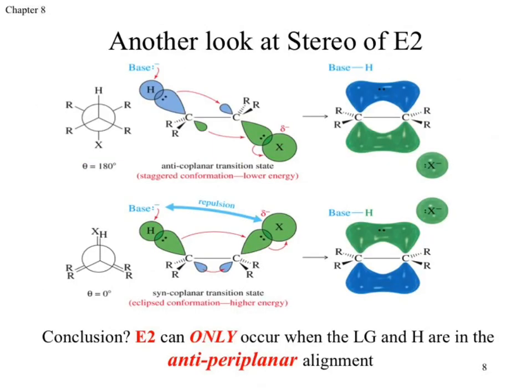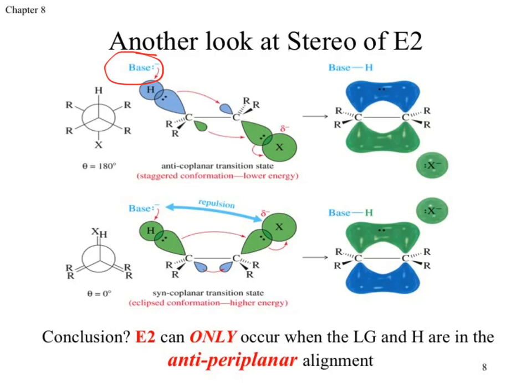So if we look at another version of it, another textbook had this kind of orientation, which might be a little bit cleaner to see. If we look at that top situation, our leaving group is that X, which is on the back atom, and our hydrogen is on the front. Our base comes in to pull off the hydrogen, and if we look at where it's located, that base with all of that electron density is now really far away from the leaving group with its electron density.